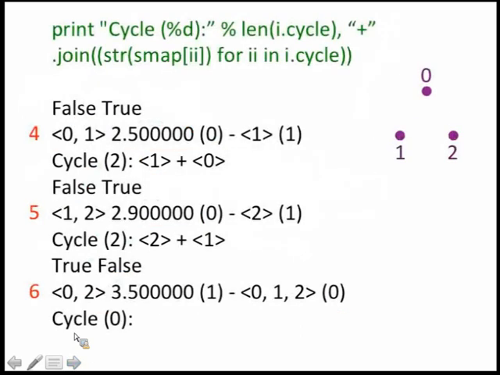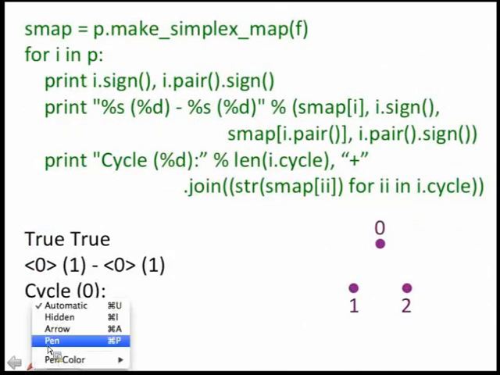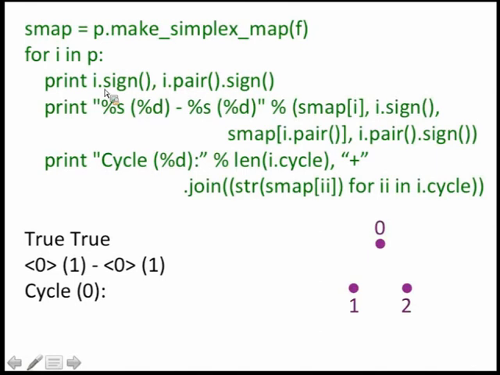Let's take a look at the rest of that code. Now we're going to add in our edges. In our first things, we will again be printing our simplices, and I should have included that code here. We printed the sign. In this case, it is true or false, the sign and the sign of the pair.